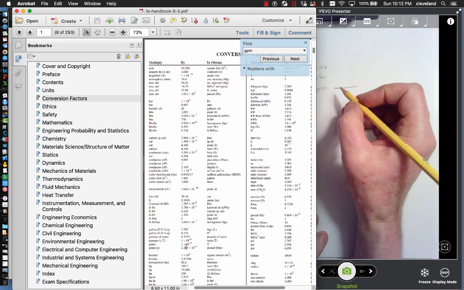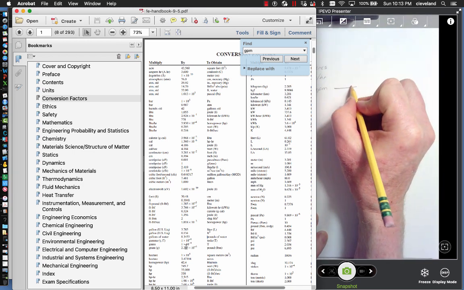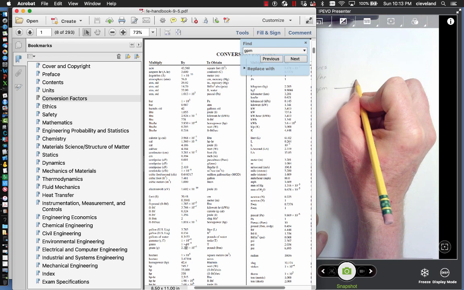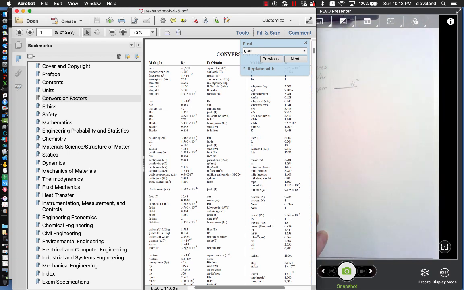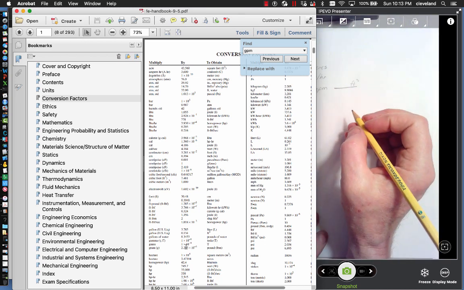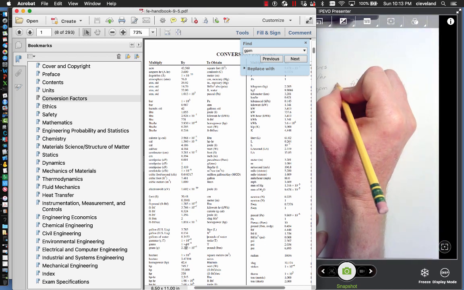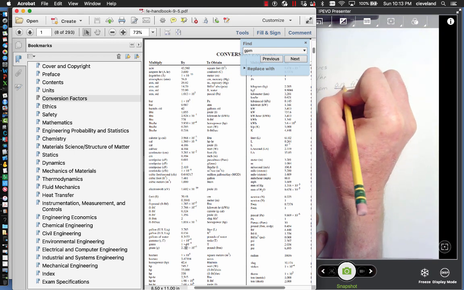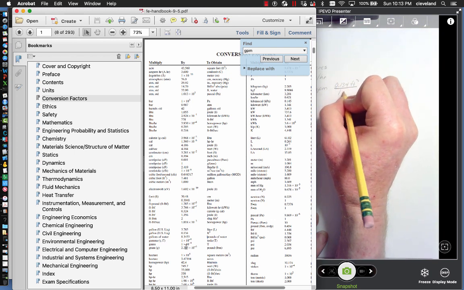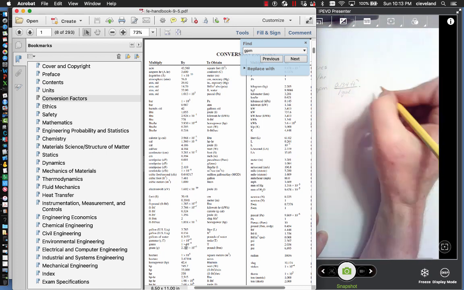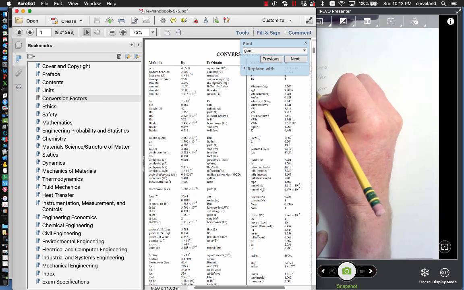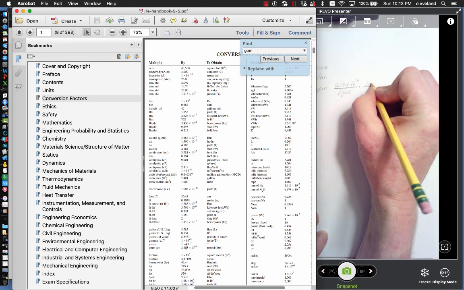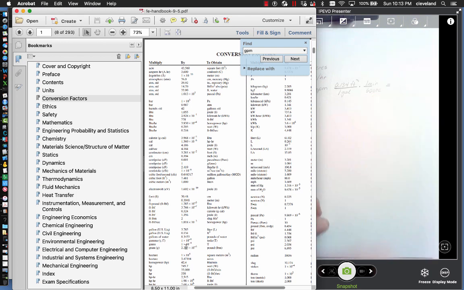Okay, so we want this in cubic feet per second. And this conversion factor says multiply a gallon by 0.134. And then we have 1 minute equals 60 seconds. And we'll get this into cubic feet per second.